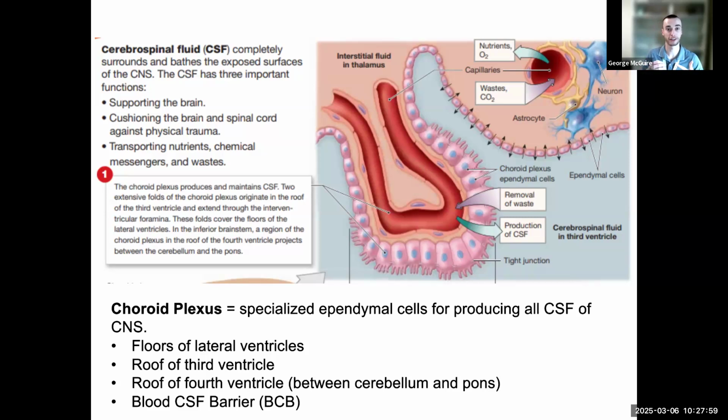So all of the cerebrospinal fluid of your central nervous system is produced in these locations. And again, that is coming from these specialized ependymal cells. And so these ependymal cells don't produce the same level of protection that the blood-brain barrier did, but instead produce this blood CSF barrier with a bit of a different level of exchange going back and forth between them.